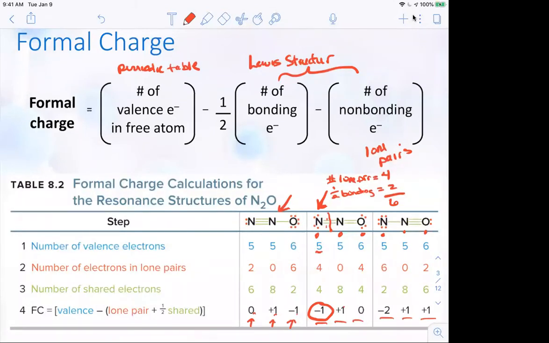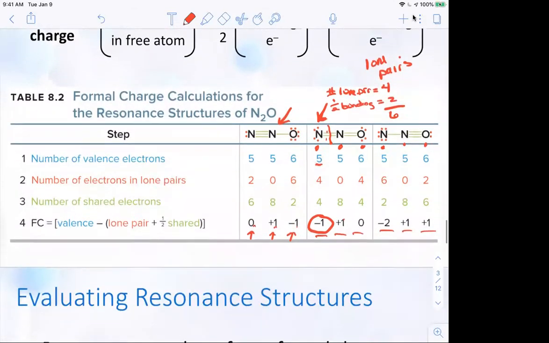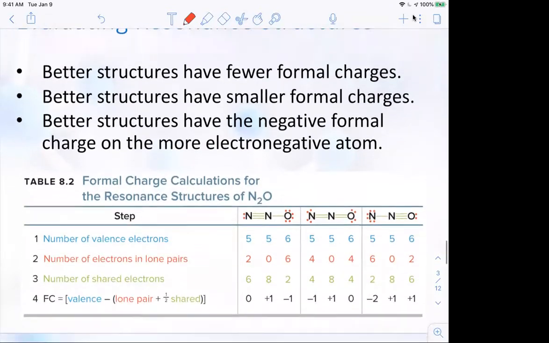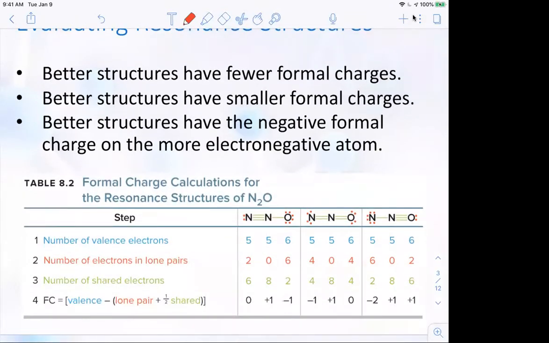So which one is the best resonance structure for this particular molecule? Well, I have to do an evaluation. Better structures have fewer formal charges. This one has the most formal charges. Each atom has a formal charge, and my nitrogen has a larger formal charge than in any other of the structures.